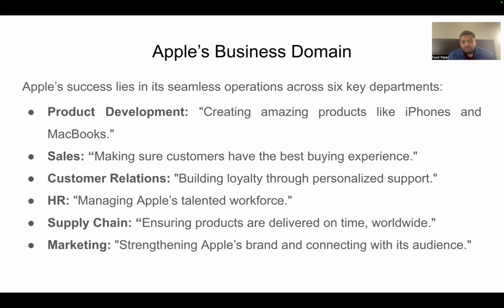Customer relations includes building loyalty through personalized support. The role of HR is to manage Apple's talented workforce. Supply chain. The duty of supply chain is to ensure products are delivered on time and worldwide. Marketing. Marketing's role is to strengthen Apple's brand and connect with its audience.